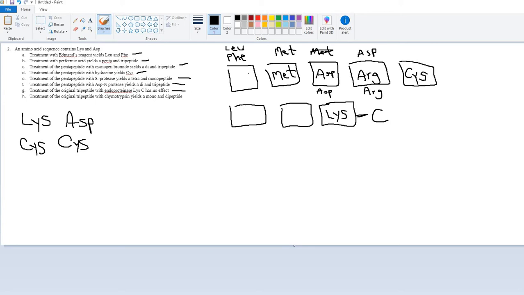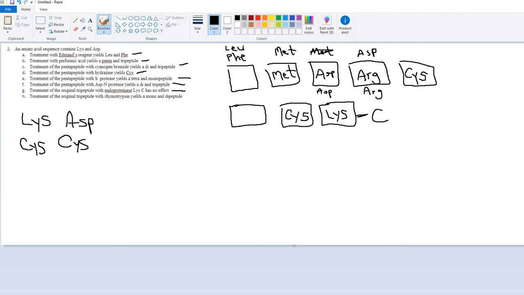And we also know that the first amino acid in this tripeptide must be leucine or phenylalanine. And we know we have to have a cysteine bond in here, so that leaves this to be the only place for the cysteine.